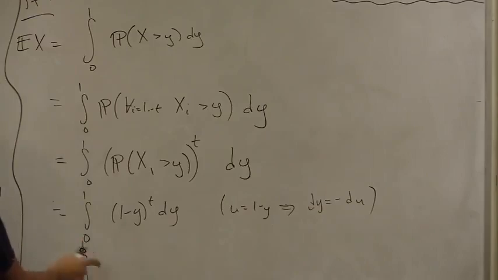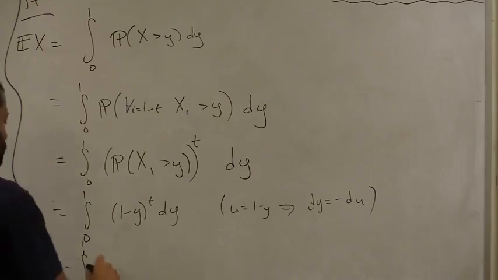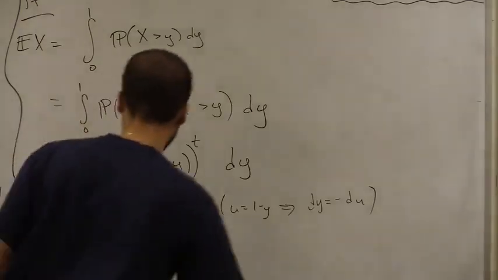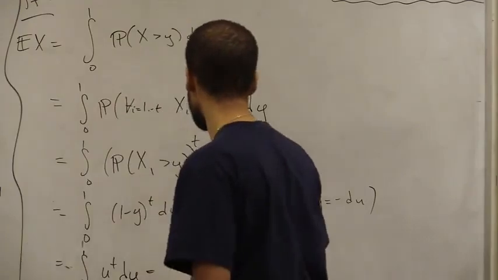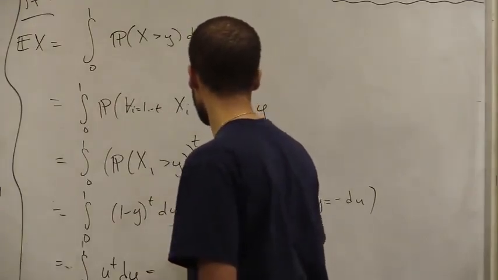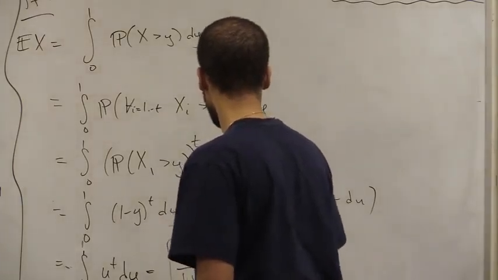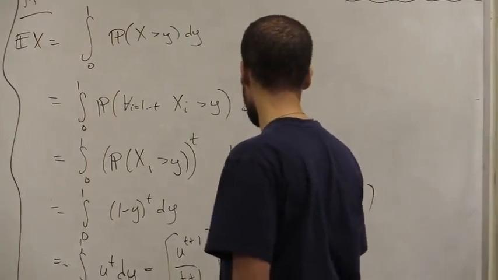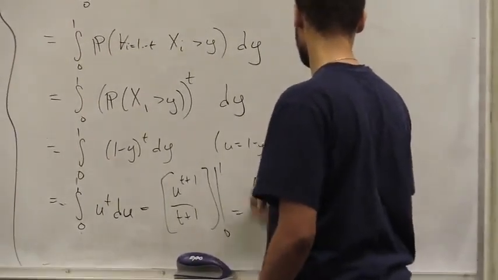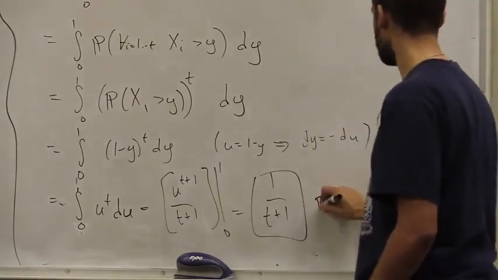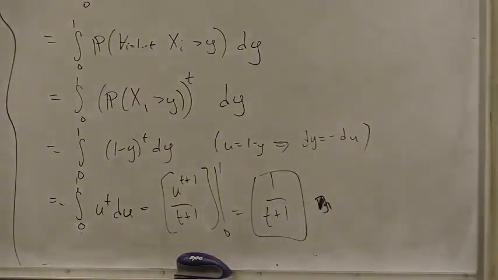So I can get rid of the minus sign and make it go from 0 to 1 again, of u to the t du, which is exactly u to the t plus 1 over t plus 1, going from 1 to 0, which is exactly 1 over t plus 1. Okay, so that's exactly what I wanted. So the expectation is exactly as I said.